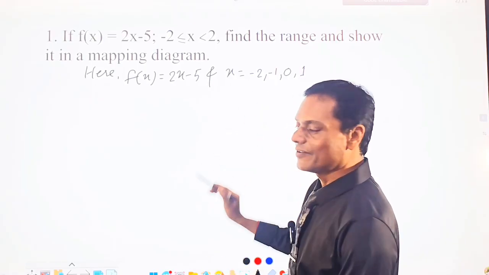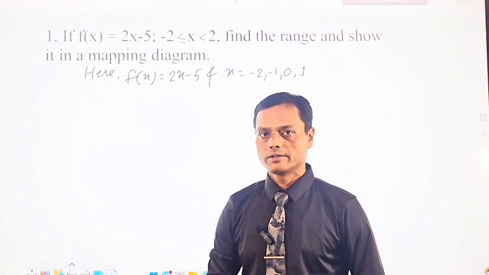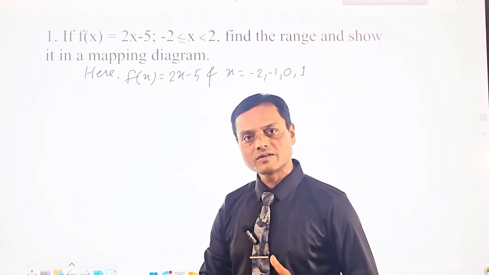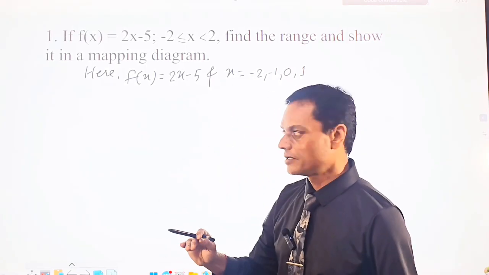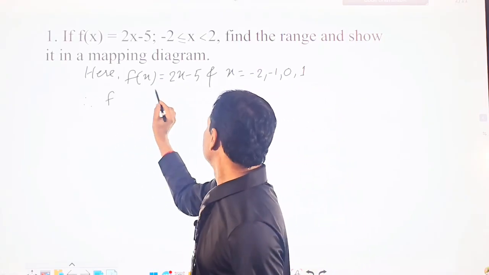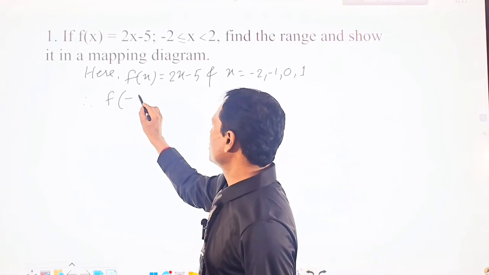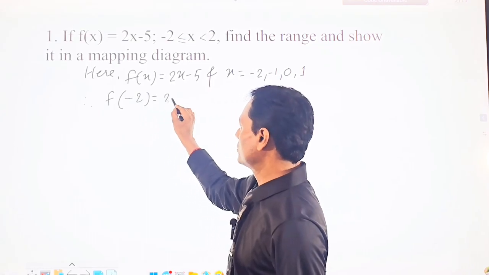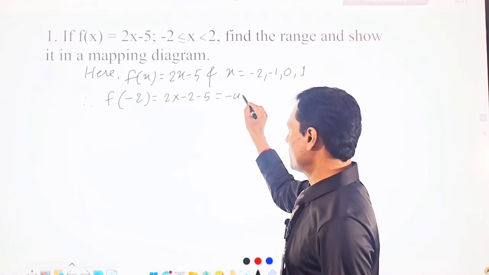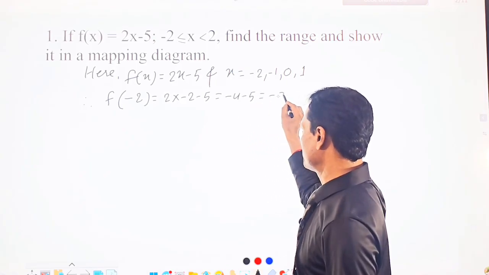And all these values of x are the input, it means they are the domain. So I'm going to find out all the functional values at the given values of x. Therefore f(minus 2) equals 2 into minus 2 minus 5, that is minus 4 minus 5 and that is minus 9.